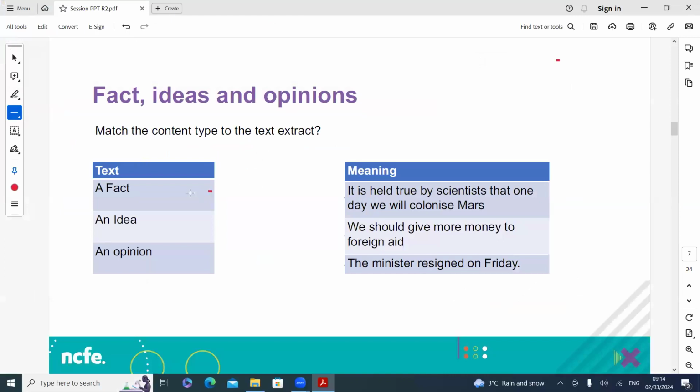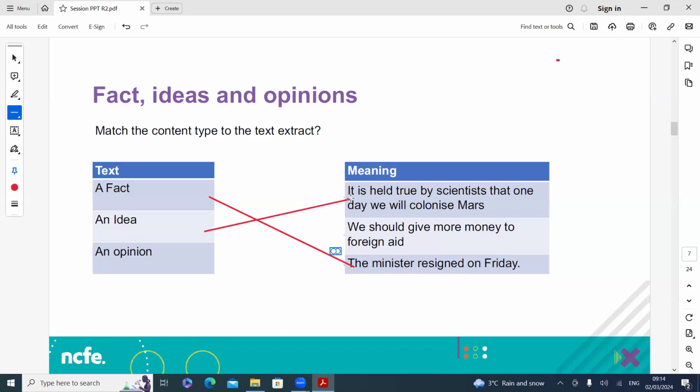Okay, so yeah, that one is a fact. Good. Which one is an idea? An idea is when it would be held by a group or a wide part of society. So an idea is it is held true by scientists that one day we will colonize Mars.